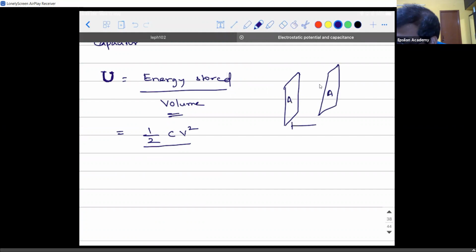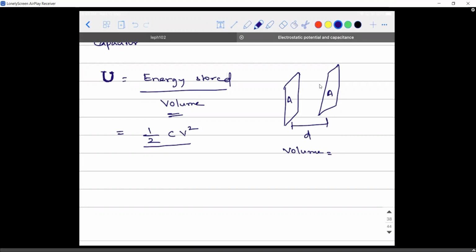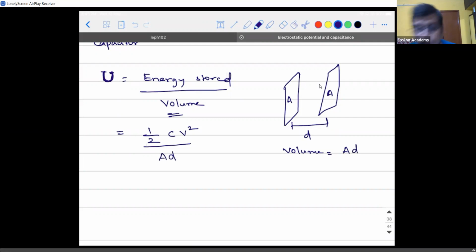Both these have area of cross section A, and the distance of separation between them is D. So what is going to be the volume? If you know area A, into thickness D, very good. Then the volume is given as A into D. Accepted. So let this be equation number 1.